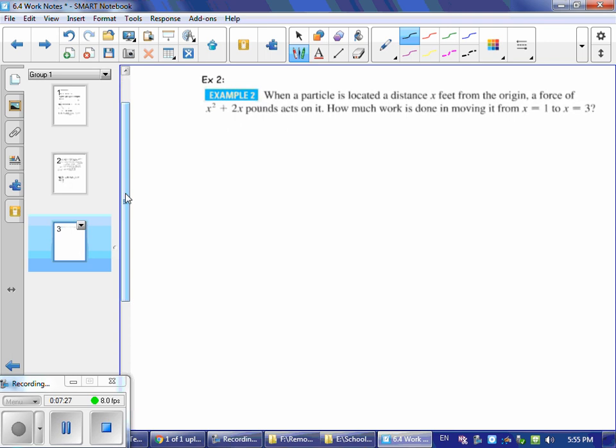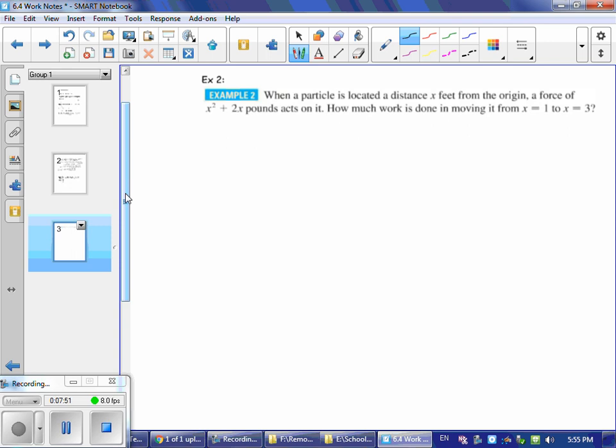All right, when a particle is located a distance of x feet away from the origin, a force of x squared plus 2x pounds acts on it. How much work is done in moving it from x equals 1 to x equals 3? Again, the fact that this is in pounds means we can ignore any kind of gravity. It's already taken care of in the pounds.